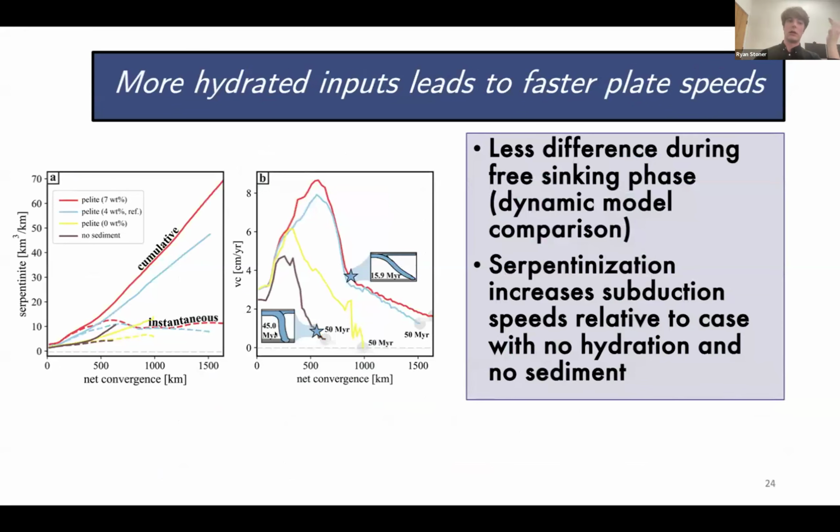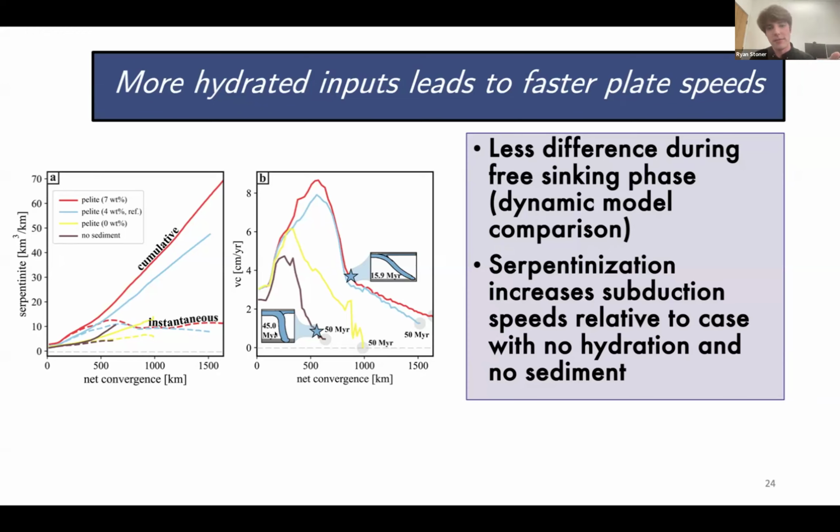So let's plot up the ingrowth of water. So you see these differences on the left in the amount of serpentinite that's coming into the system. And that's also going to show up in the convergence rates as well. What you see here is that the setups with the most water in the system have the highest convergence rates, but then they're a bit slower if you don't have any water, and then they're even slower if you have no sediment as well.